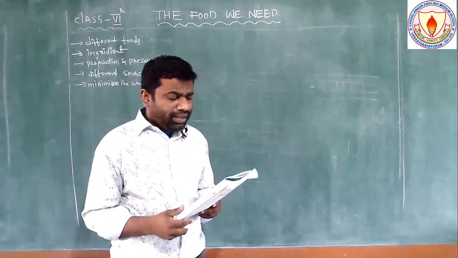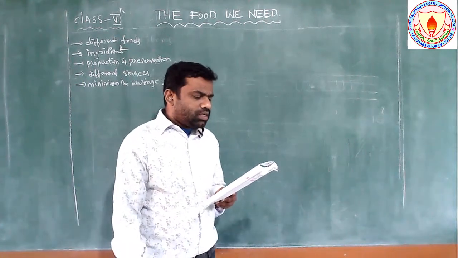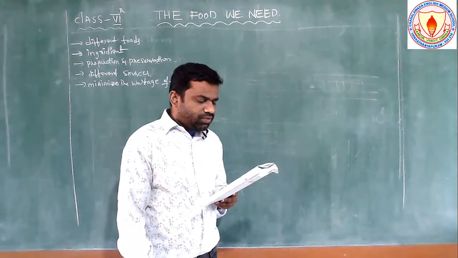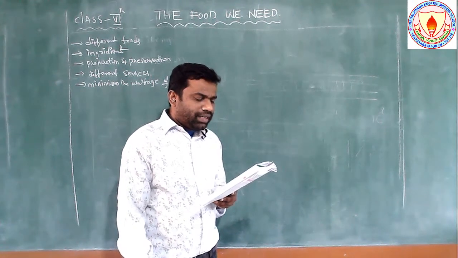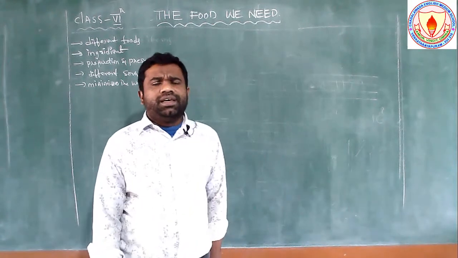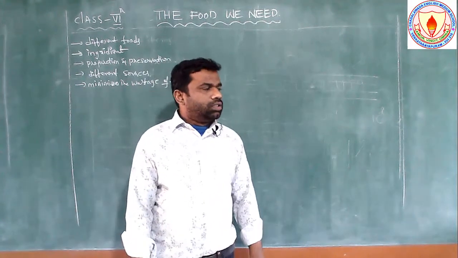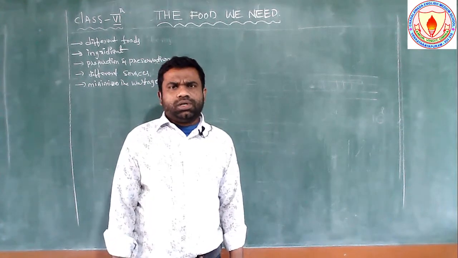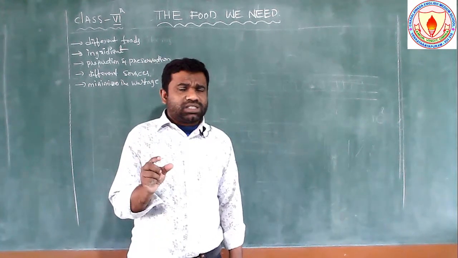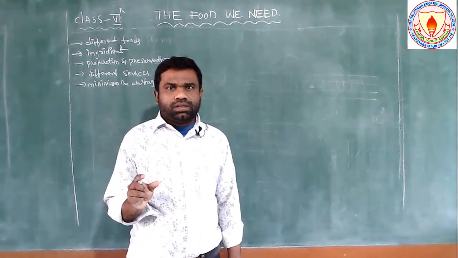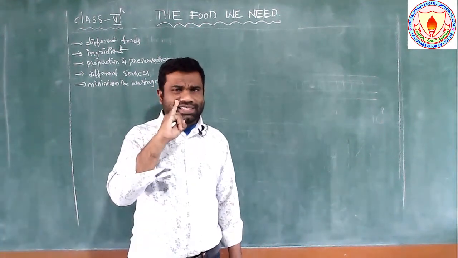Yes or no? Next one. Sasi was surprised to know that for cooked boiled rice we need only two materials, raw rice and water. For example, daily we eat rice. To prepare rice, what are the ingredients? First of all, raw rice.